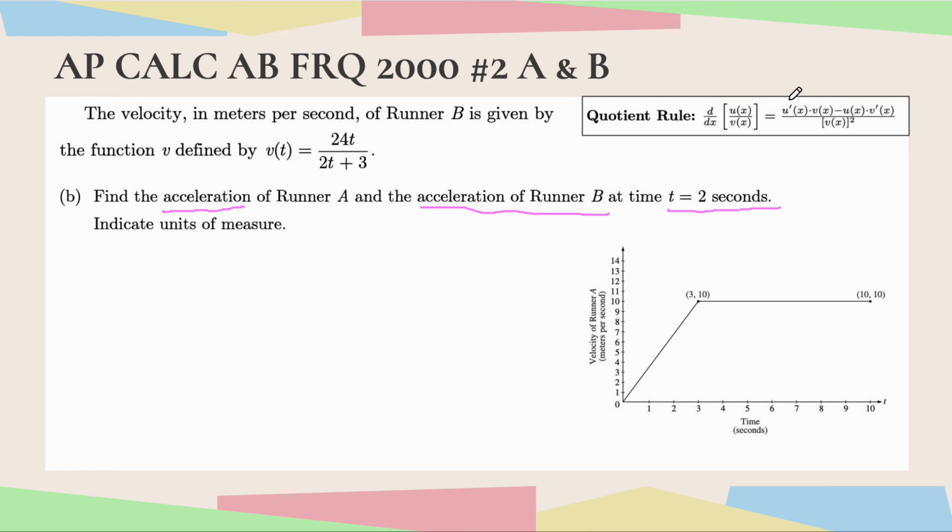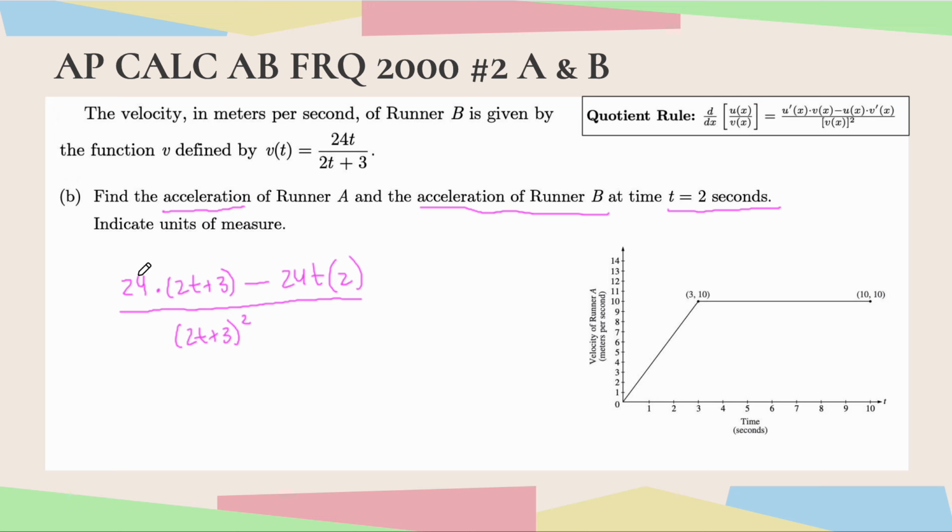So you can see here, we're going to take the derivative of the numerator, which is 24, and multiply it by our denominator, which is 2t plus 3. Then we're going to do minus our numerator, which is 24t, times the derivative of our denominator, which is just 2. And then all of this is going to be over our denominator squared. So 2t plus 3 squared.